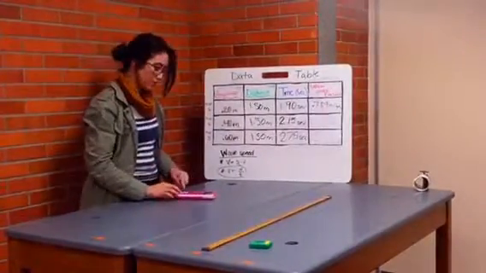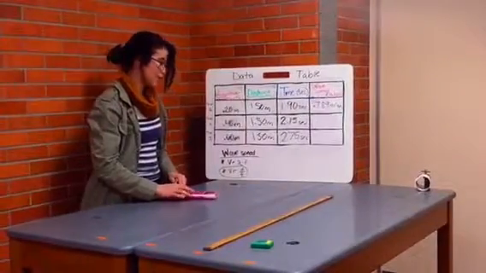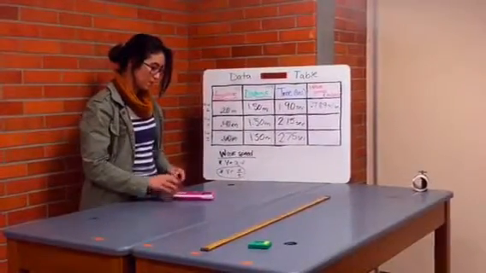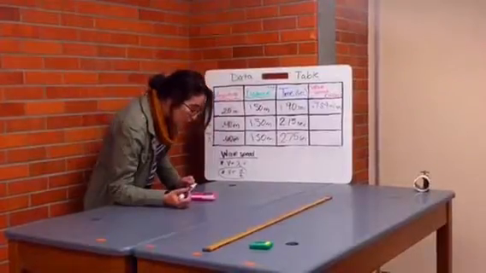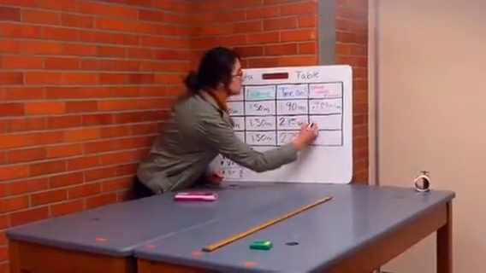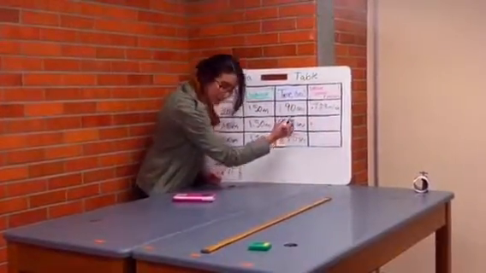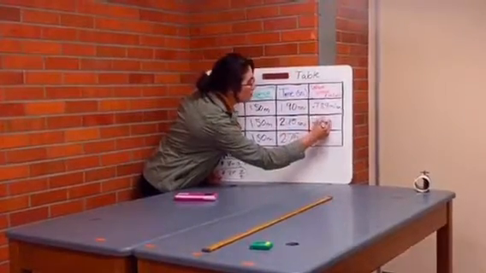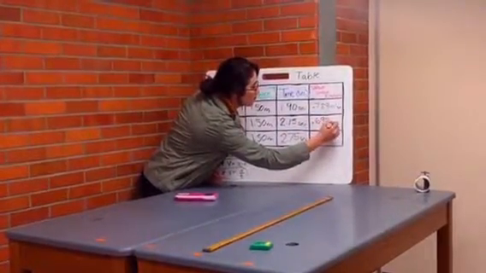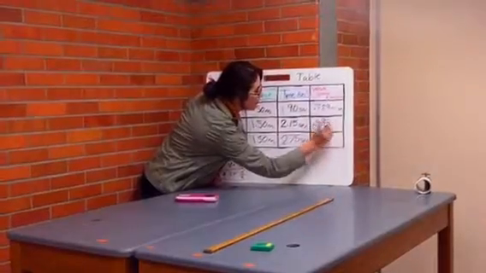The second one, you do 1.5 divided by 2.15. And you get 0.698. Make sure you write meters per second.